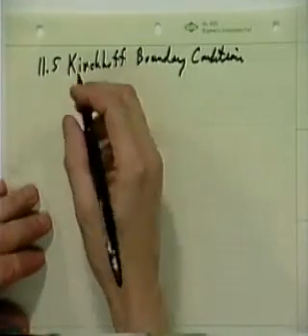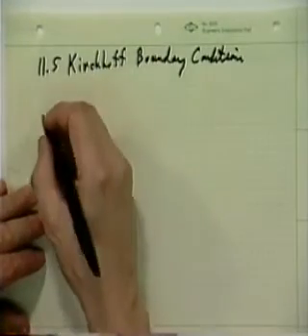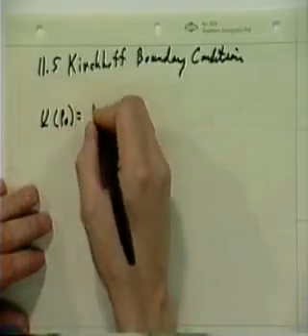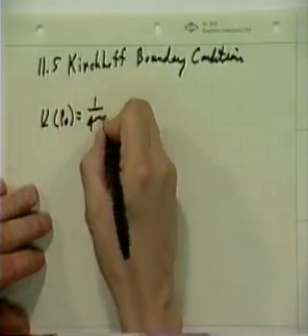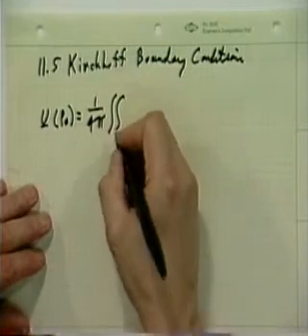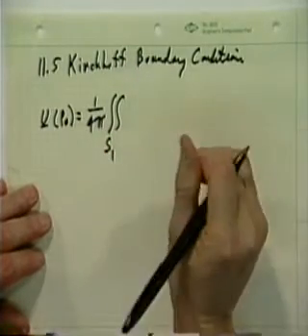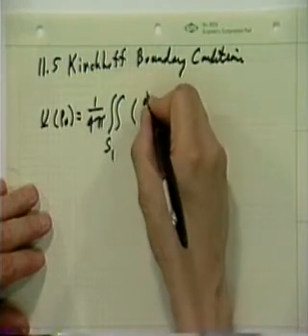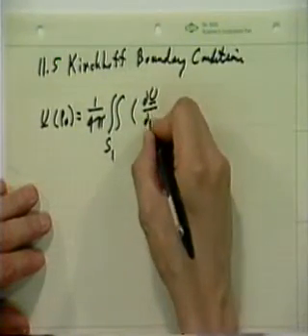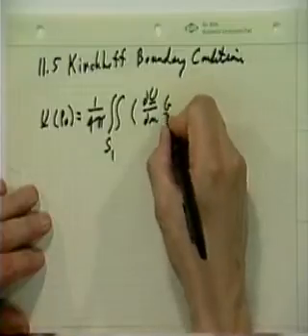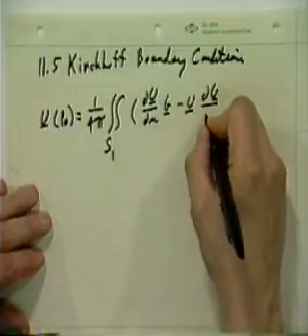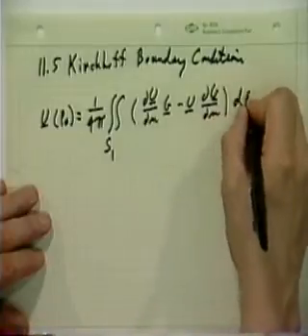And so what we're trying to solve here is U at P naught equals 1 over 4 pi, integral over S1, we got rid of the integral over S2, integral over S1 of partial of u with respect to n times g minus u partial g with respect to n ds.